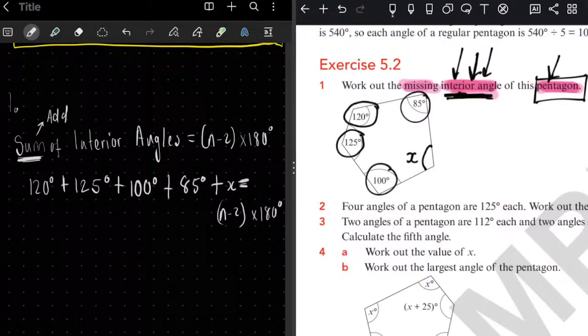So that means for n, we will put 5 because it has 5 sides. So first let's add. Can you all add, please? Do you have calculators? Say 120 plus 125 plus 100 plus 85. What do you get?